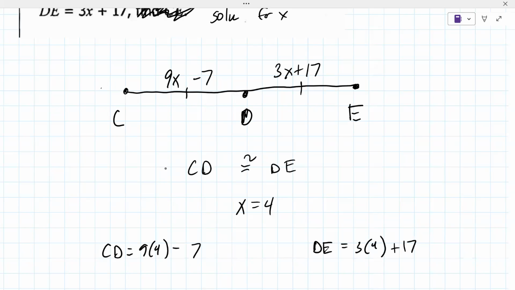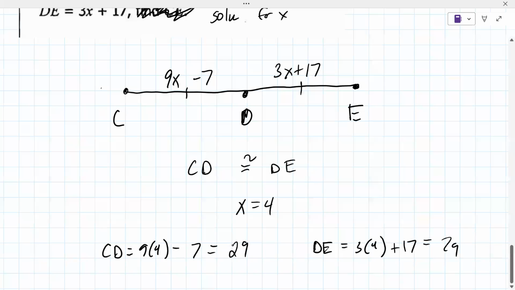If X is really 4, then these will be the same number. They both equal 29.